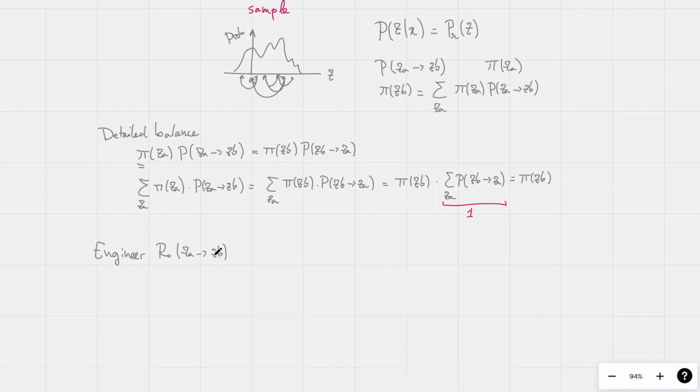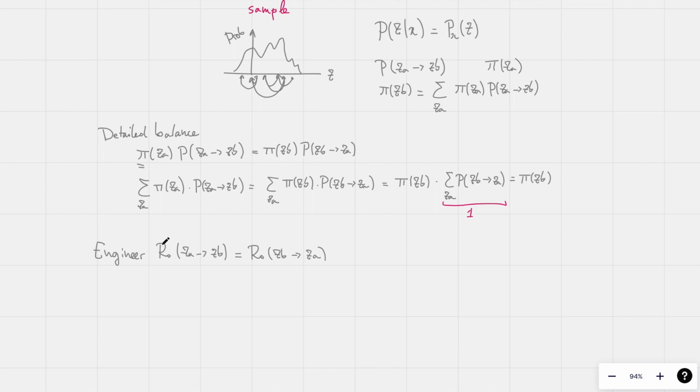And we're going to also say that this particular engineered distribution that we will choose must be symmetric, which means that it must be the case that the probability of going from A to B is the same as the probability of going from B to A. So this is something here that we'll discuss in greater detail later, but we can assume that we have a way here to simulate the jumps from A to B and to make them symmetric in the sense that the jumps from A to B have the same probability as the jumps from B to A. In other words, we have the same chance of going forward or backward.